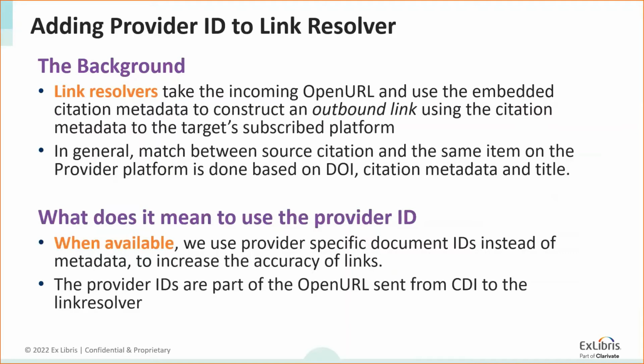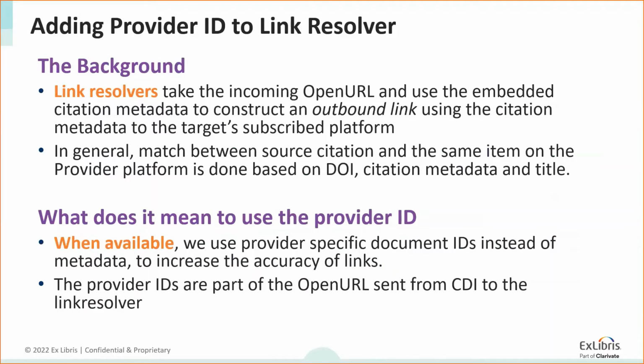So here we are introducing the provider ID. The provider ID is a specific document ID of the provider that we can use to link between the provider's record and the provider's platform. Let's say we have ProQuest, and they send us the articles to CDI, and each article has a unique ID. In addition to all the metadata elements like the DOI, the volume and the issue, it has the ProQuest ID of this document.